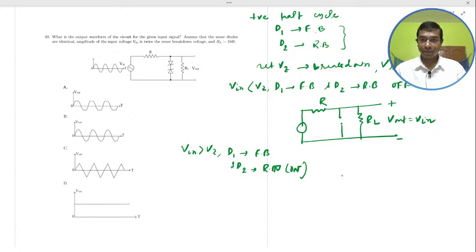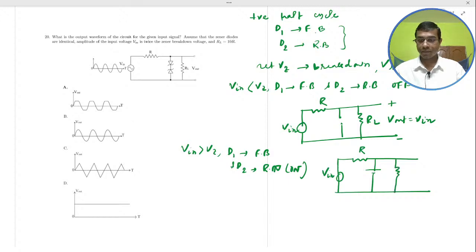That means this is the R, Vin, and the V out is Vz, this is the RL, and here this is the 0 volt.